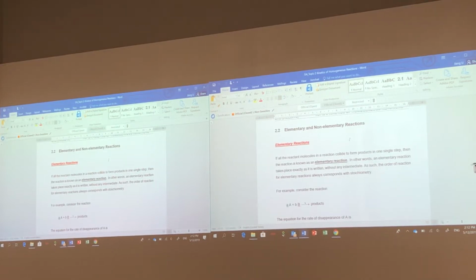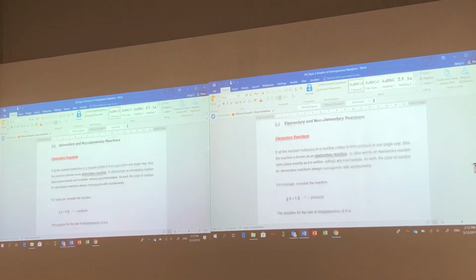Highlight. You need to know the definition. Okay? So what is the definition of elementary? Because if you don't know this, some questions the order might not be given straightforward. We will just tell you the following elementary reaction. In that case, you must be able to tell by yourself.